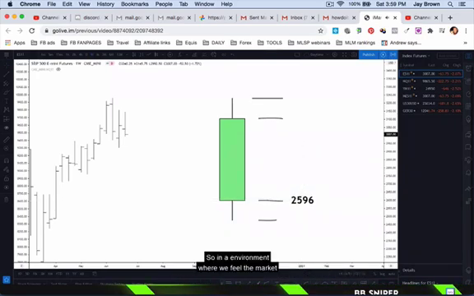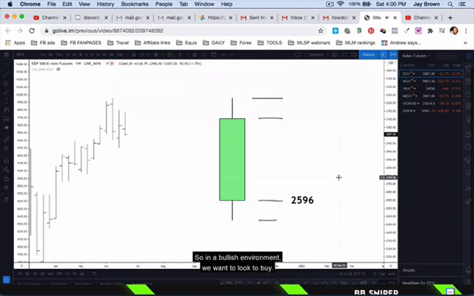So in an environment where we feel the market should go higher, for whatever reason, there could have been a divergence, there could be a whole number, there could be a whole realm of possibilities. Okay, but let's just assume that we're already in that stage where we're assuming that this day is going to be bullish. All right, we want to note the opening price, which for this hypothetical is $25.96.